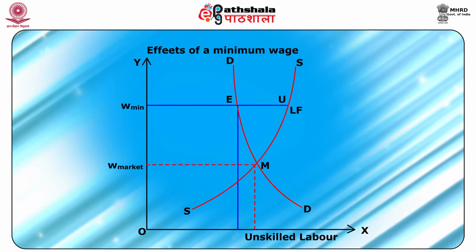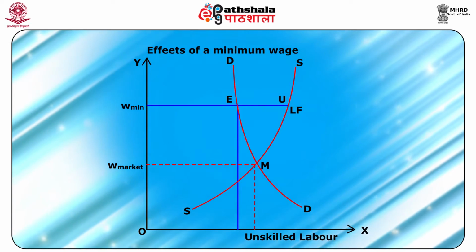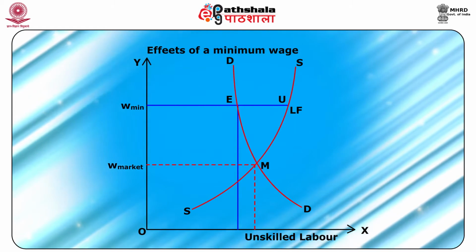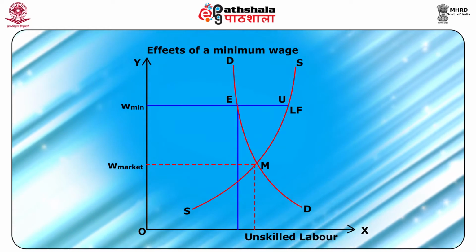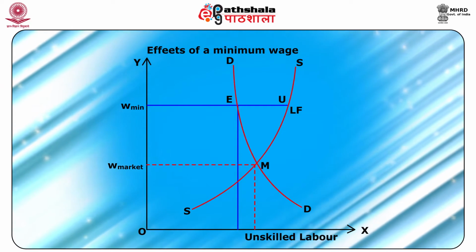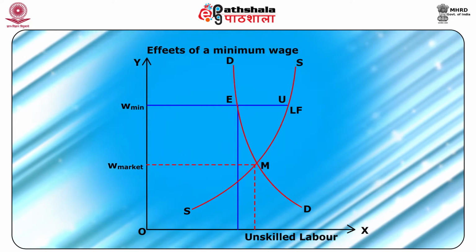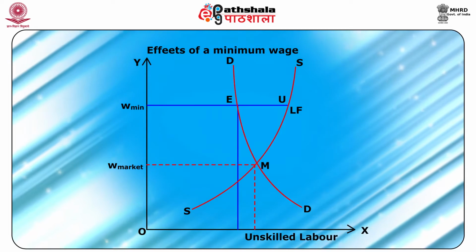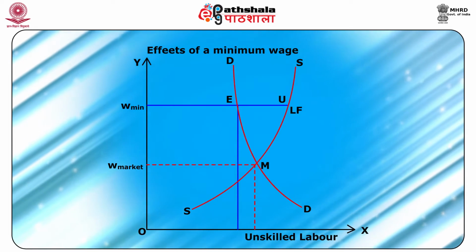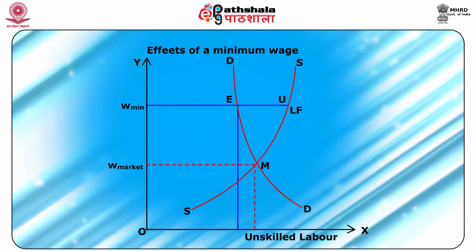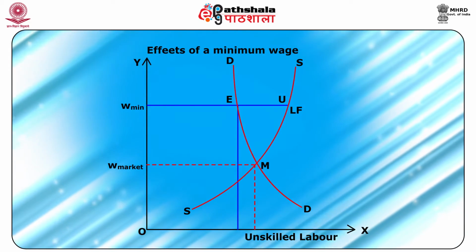In this case we have a supply function, that is supply of labor, and a demand function, which is demand for labor. If we were to allow the market forces to operate, then the equilibrium would take place at M. At M, the market wage W market is pretty low, and this would mean that the employment is also low and the wages are also low. So the workers would not be happy with this situation.